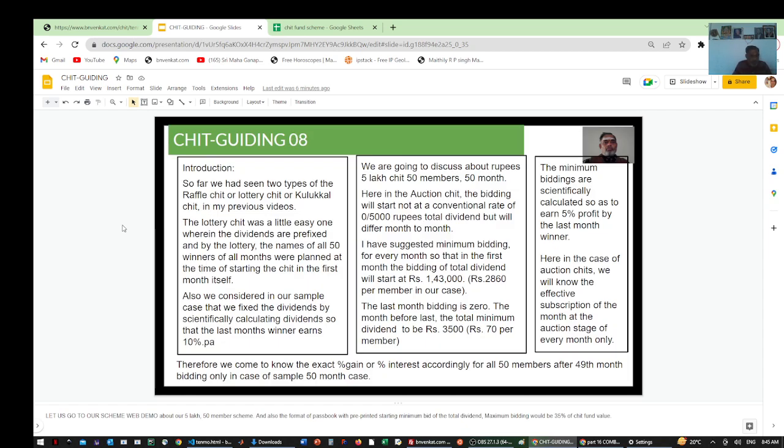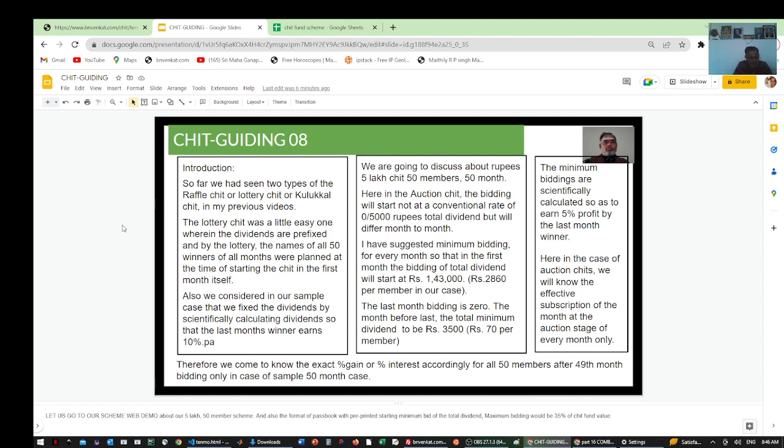So far we had seen two types of raffle chits, or lottery chit or local chit, in my previous videos. The lottery chit was a little easy one, wherein the dividends are prefixed, and by the lottery the names of all 50 winners of all months were planned at the time of the starting of the chit itself in the first month.